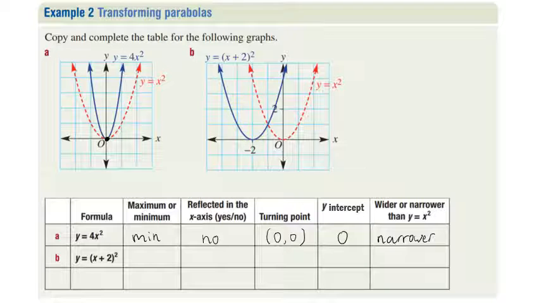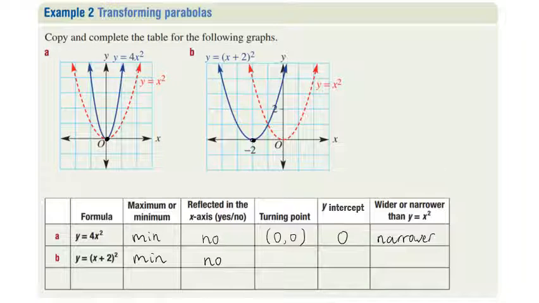Our next one here with that formula in the box. So, does it have a maximum or a minimum? Well, that point there is also a minimum. Is it reflected in the x-axis? No, it's not flipped over. What's its turning point?